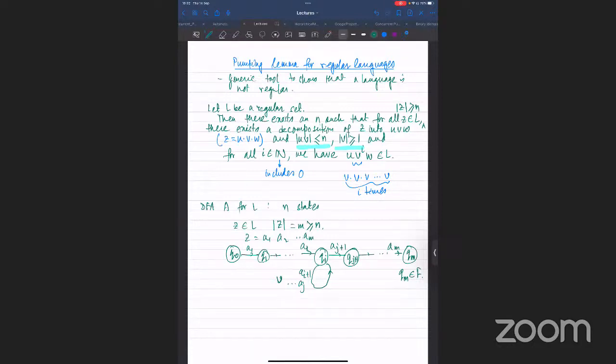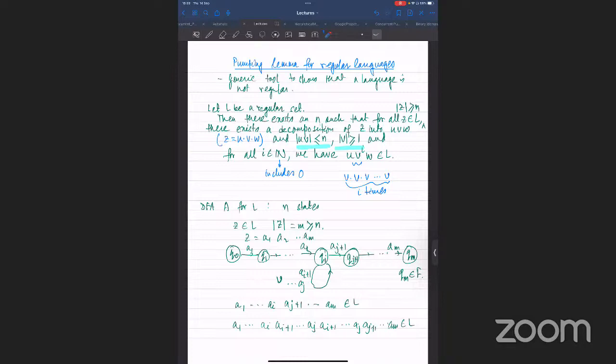The string A1 to AI, then AJ plus 1 to AM, where I've removed the part between AI plus 1 and AJ, also belongs to L. Similarly, if I repeat AI plus 1 to AJ once, or arbitrarily many times, it also belongs to L. So this part is my U, this part is my V, and this part is my W.